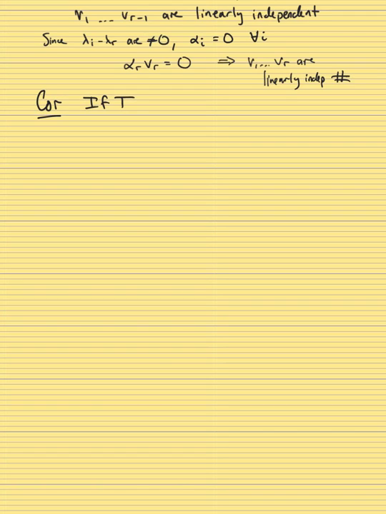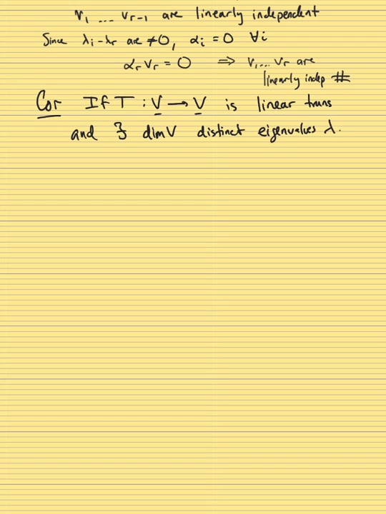If T from V to V is a linear transformation, and the number of distinct eigenvalues is equal to the dimension of V, so there exist dim V distinct eigenvalues lambda i, then T is represented by the diagonal matrix with entries lambda 1 up through lambda dim V.